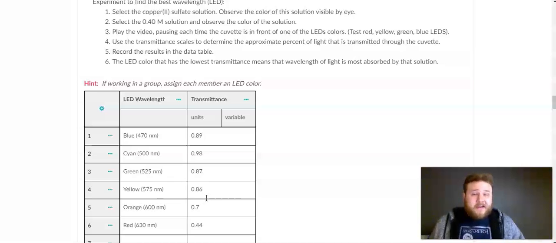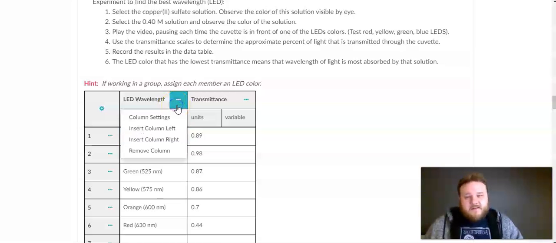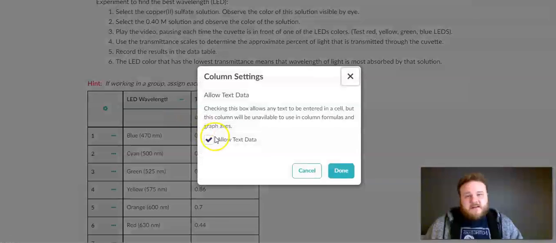You could put 89 the percent. Later on, you might have to change something a little bit. I just put them in the decimal form of the percent. For this side, I typed in the name of the LED light, the name of the color. But take a look what I had to do. Click on these three dots. Column settings. Allow text data.